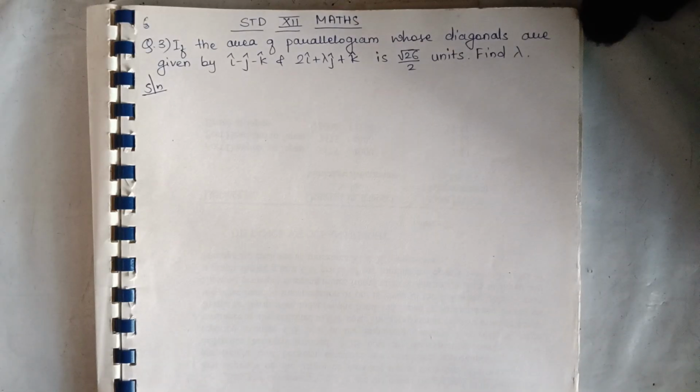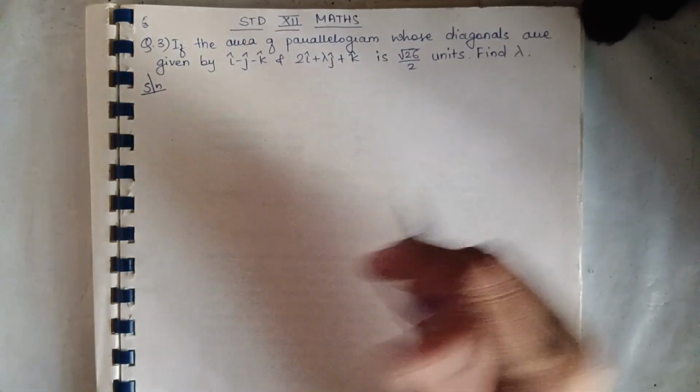Next question is, if the area of a parallelogram whose diagonals are given by i minus j minus k and 2i plus lambda j plus k is root 26 by 2 units, you have to find lambda. Now here they have given diagonals.